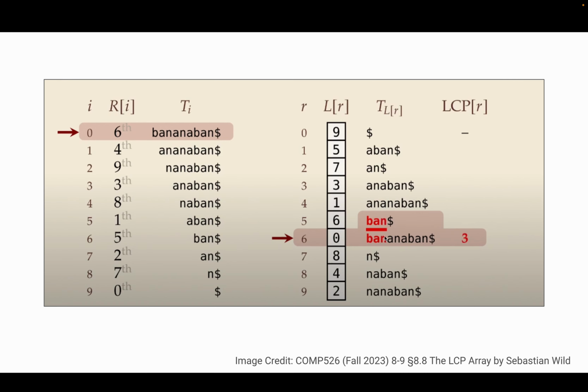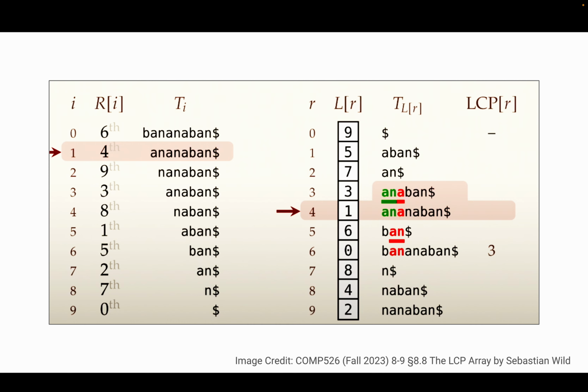So when you compare banana ban with ban, we find out that 3 is the longest common prefix. Then we store 3, and we have to keep track of this number, so we can create an integer which keeps track of this. So 3 is our longest substring till now.